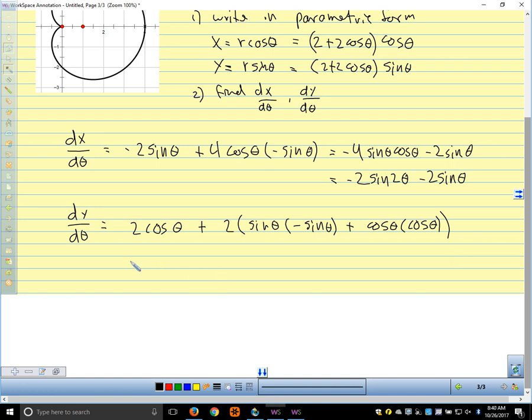And we can write it in a slightly more compact form, plus 2 times cosine squared theta minus sine squared theta. And that is also an identity. 2 cosine theta plus 2 cosine 2 theta.